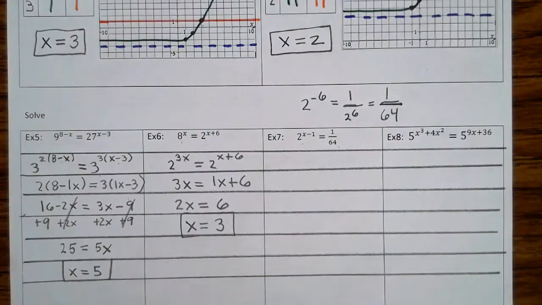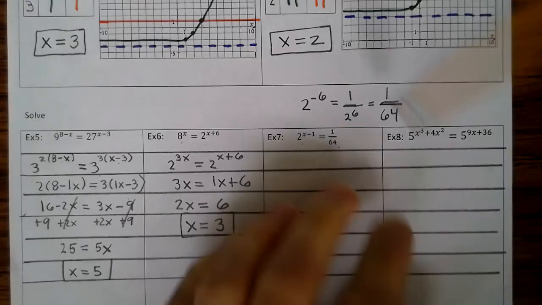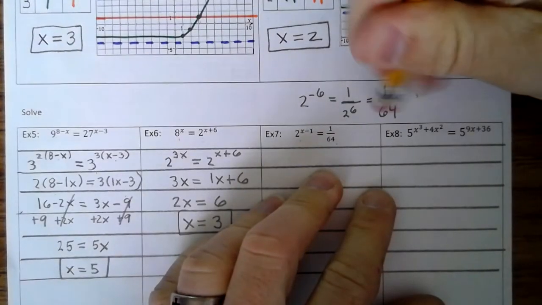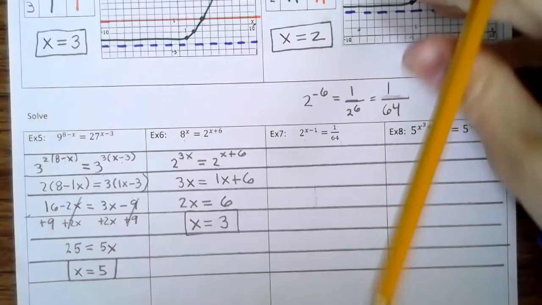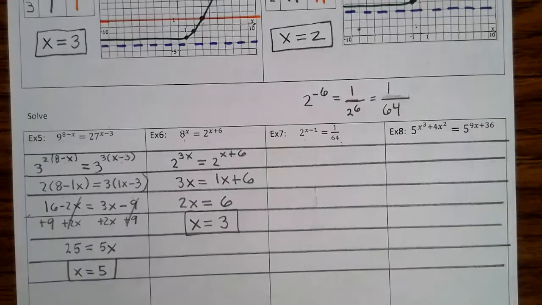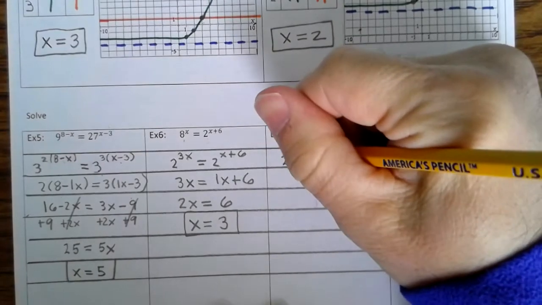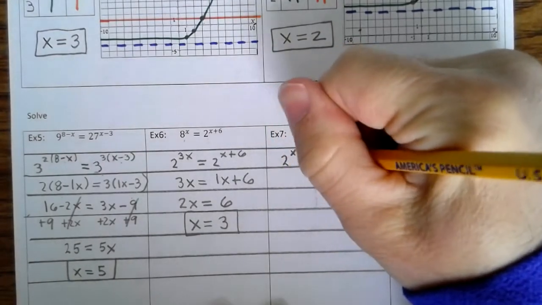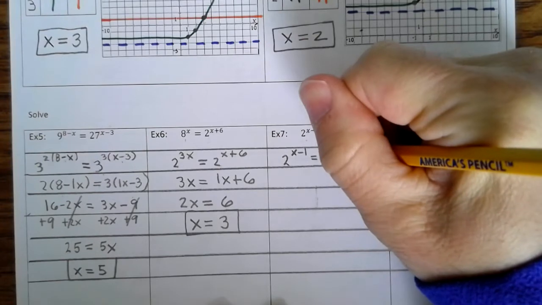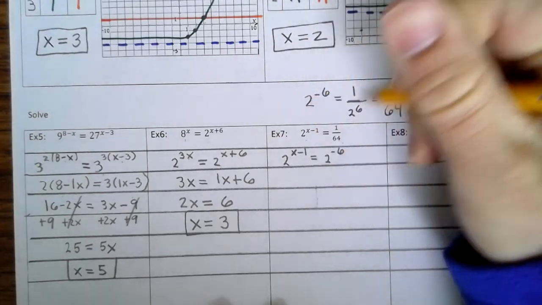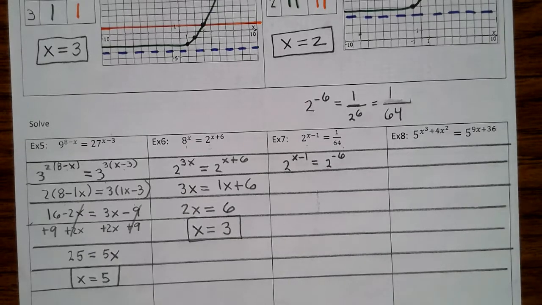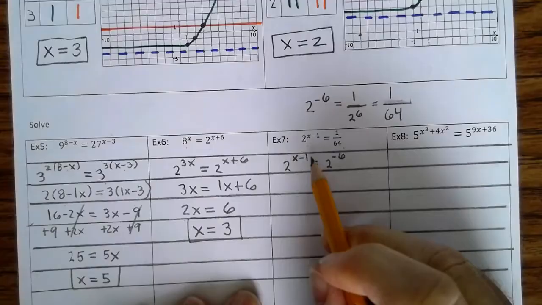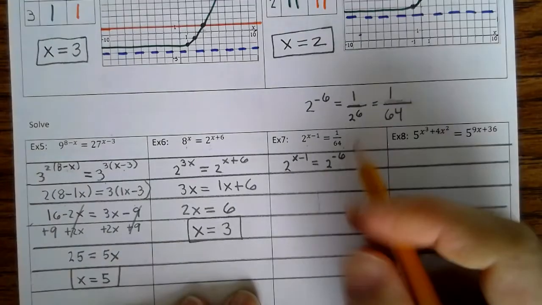Okay, so we can say that 2 to the x minus 1 is equivalent to 2 to the negative 6th power. The bases are the same, so we can set the exponents equal to each other. So x minus 1 equals negative 6. Add 1 to both sides, x equals negative 5.